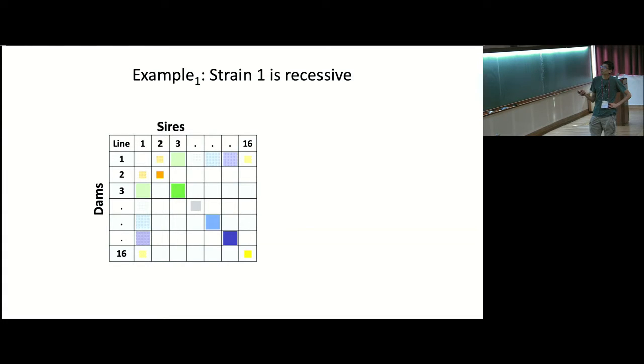So line 1 itself is this medium-sized white square, and line 3 on its own is this big fat green square. When I cross the two together, if line 1 has a lot of recessive alleles, then the offspring between line 1 and 3 will tend to look like parent 3. So that's essentially the idea that the diagonal should be a good predictor of the rows and the columns if line 1 has a bunch of recessive alleles.